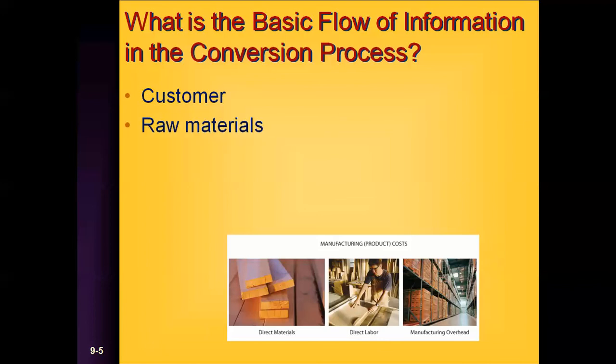The second step is raw materials. You need to take those raw materials, sometimes called direct materials, and requisition them and record them. The third step is labor. Labor is used in the manufacturing process, again shown in that middle picture, and it is recorded.